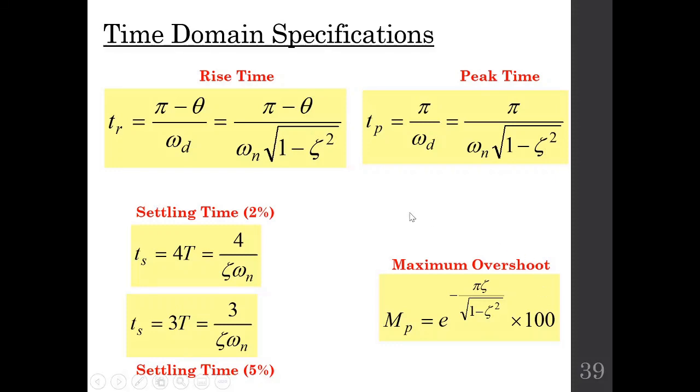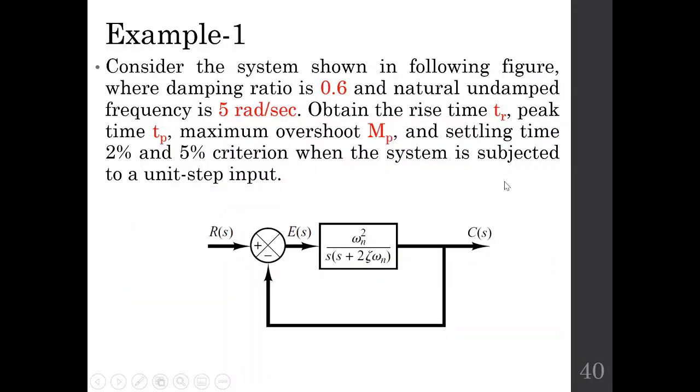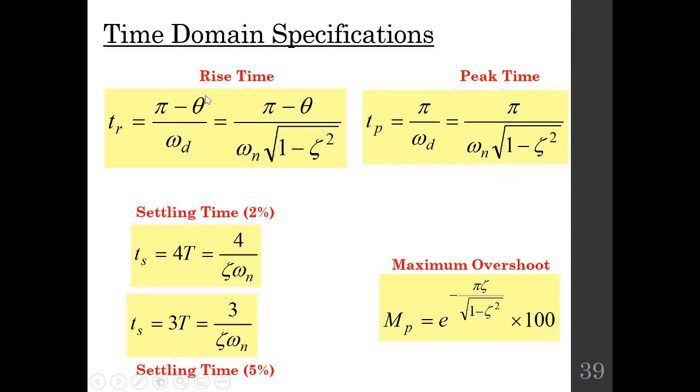So if you are asked to find these time domain specifications from the step response, then by using these formulas you can find the rise time, peak time, 2% settling time, 5% settling time, and the maximum overshoot from the step response of a second order system.